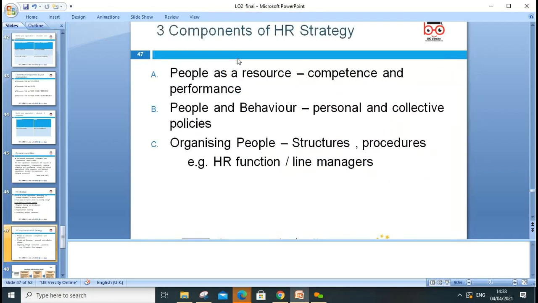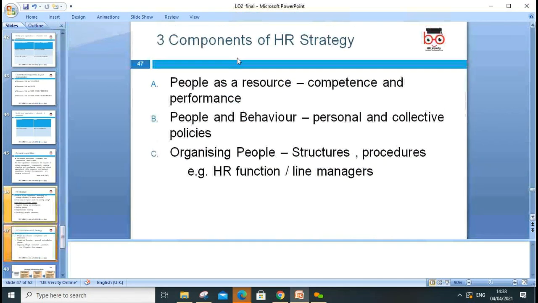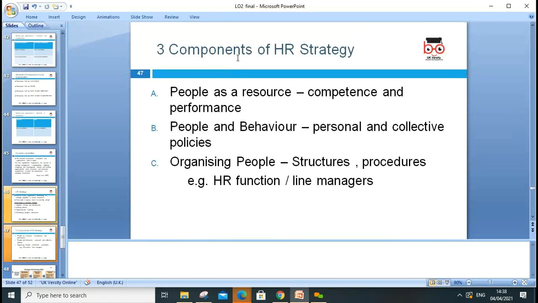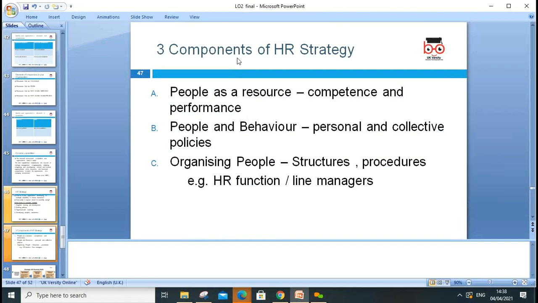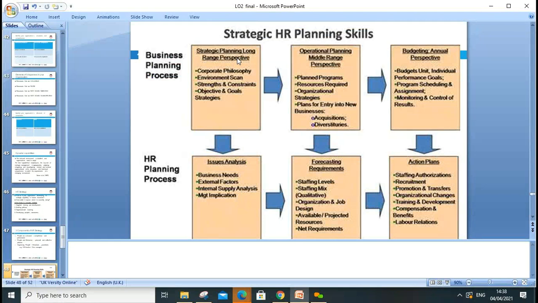Competency does not stay the same, so we need to look at what new skills are required, because maybe people are doing the latest degrees. People as a resource, competencies, performance, people's behaviors, collective policies, and the organization's structure and function are all things we need to focus on in the planning.